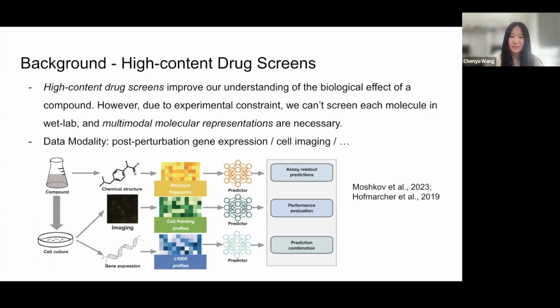If it can generalize to new drug structures, we no longer need to do the experiment in the wet lab, but at the same time, we still get access to information about the potential biological effect of the drug structure, if the generalization works well.